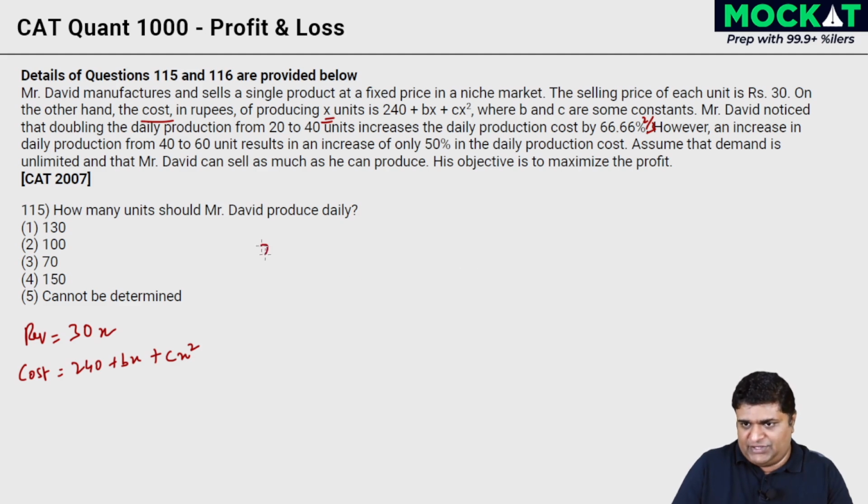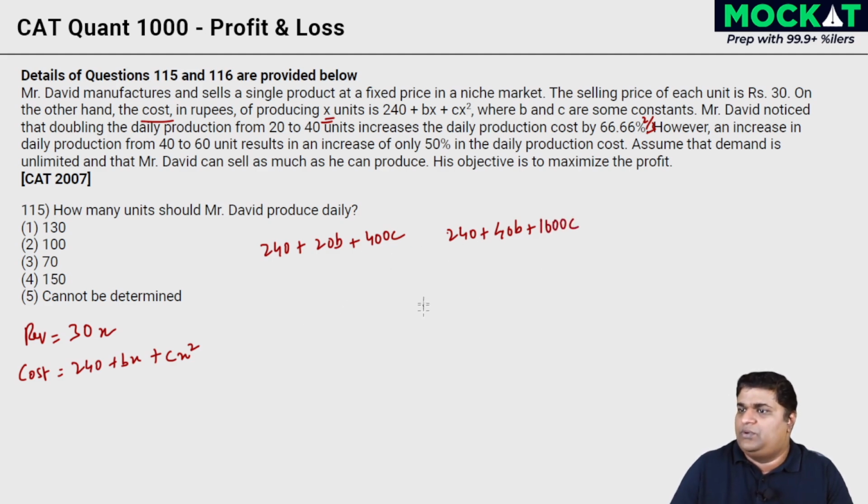It's 240 plus, substitute X equals 20, 20B plus 20 square into C. 20 square is 400C, right? This is at 20 units. At 40 units, what's it going to be? 240 plus 40 into B plus 40 square, 1600C, right?